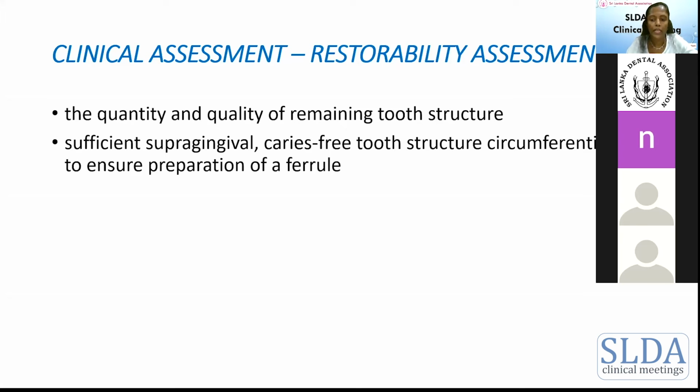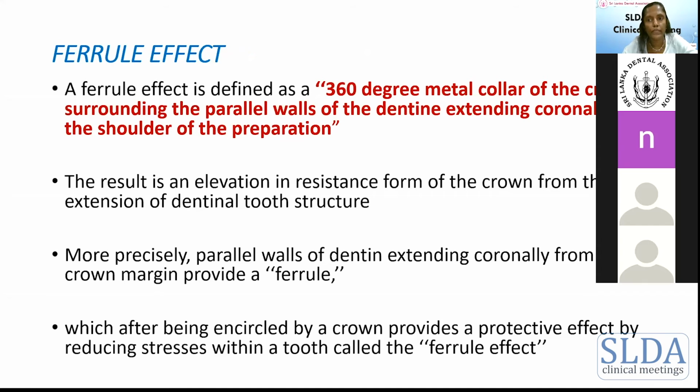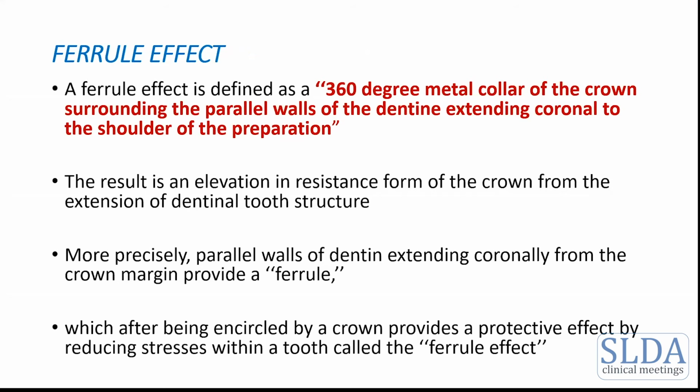That is, you have to see whether there is sufficient supragingival, caries-free tooth structure circumferentially around the tooth to ensure preparation of a ferrule. What is the ferrule? I think most of you may know what a ferrule is. A ferrule effect is defined as a 360-degree metal collar of the crown surrounding the parallel walls of the dentine, extending coronal to the shoulder of the preparation.